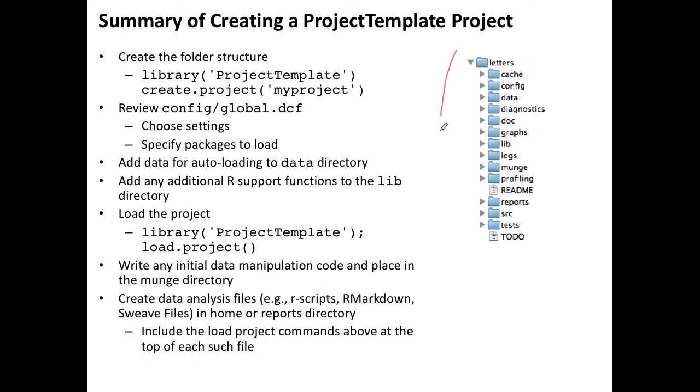And then you've got the settings you can specify. It will just create the base directory in whatever your working directory is at the time you run that function. So it'll add that folder, say my project, or in this case it was called letters, to wherever your working directory is. And then you can start using it, I suppose.